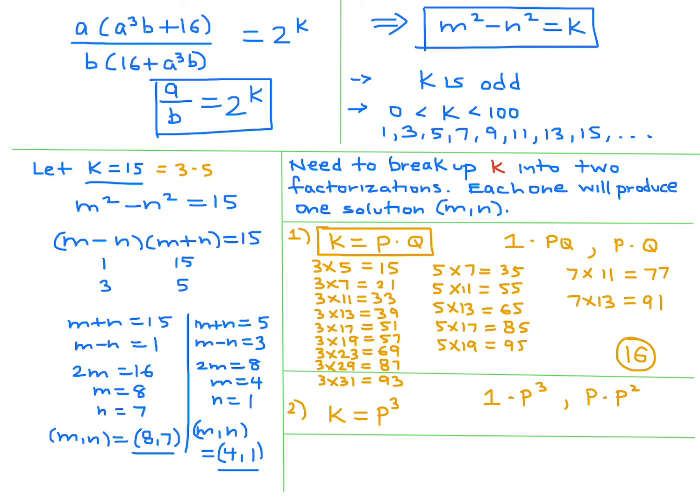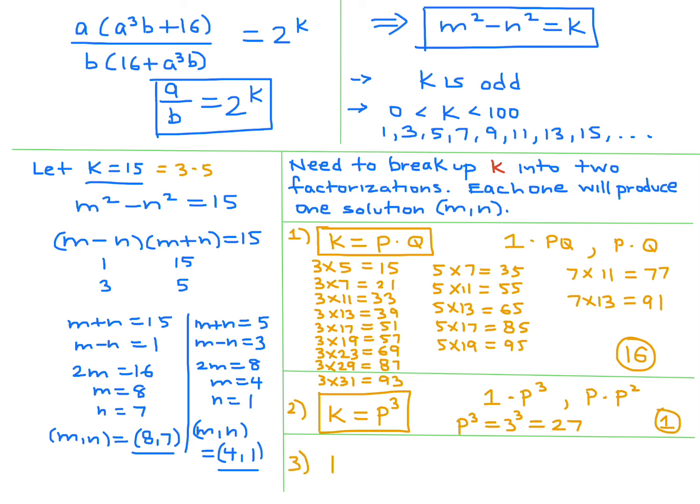Now we've got to figure out which values of k satisfy that. Well, p can only be 3, because if you use 5, it would be 125, and that would be outside of our range. So p equal to 3 is the only one. So 27, that's my only value of k that will satisfy this condition. All right, well, that 27 gives me one more.